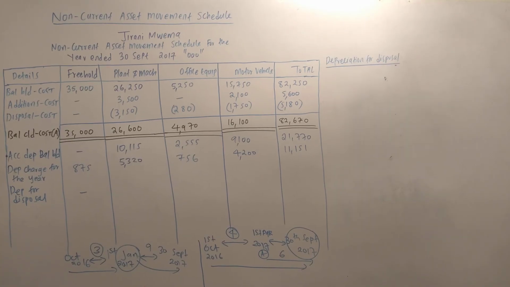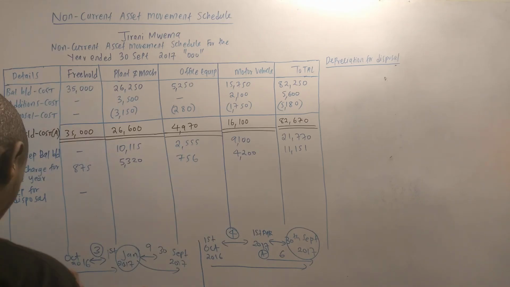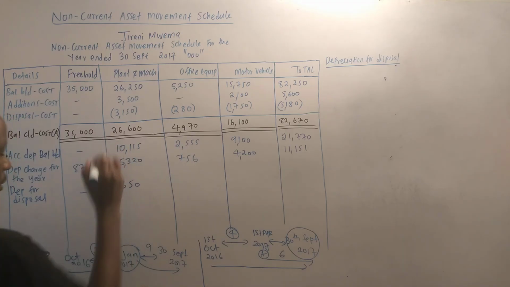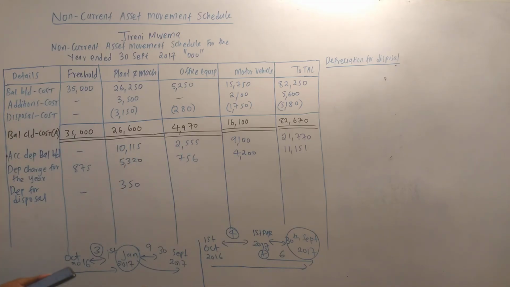So let's start with the depreciation for disposal. We have been provided the 350. This one, information number 2. This one was good. We have been provided, and there was no need for me to rub.